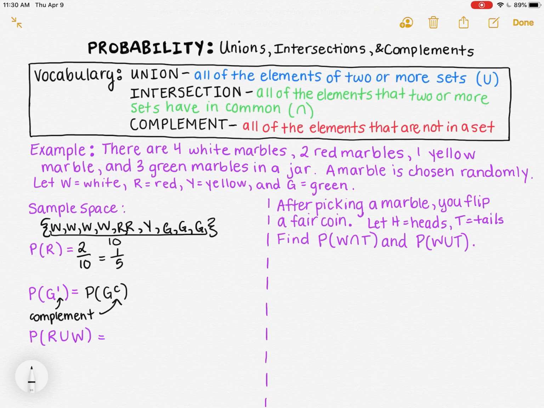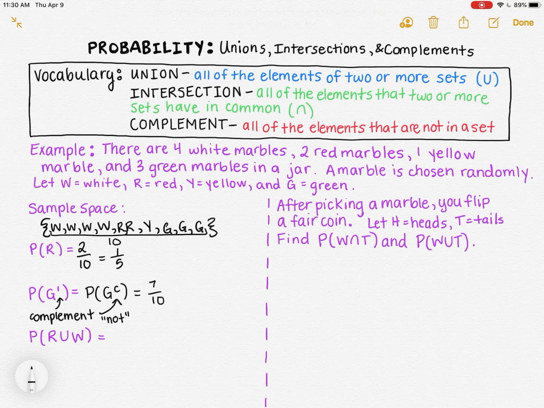So if I'm trying to find the probability of the complement of picking green, that means I want to find the probability of not picking green. I always think of complement as not. So what's the probability of not picking green? Well, I still have 10 options total, and I know that there are 3 green marbles. So the probability of not picking those 3 marbles would be 7 out of 10 because there's 7 marbles that are not green. So the probability of picking not a green marble is 7 out of 10.